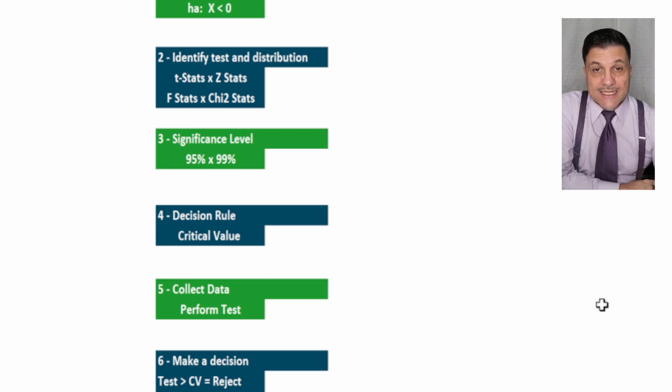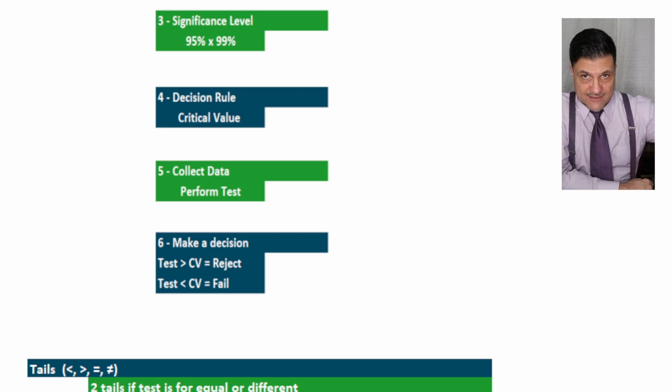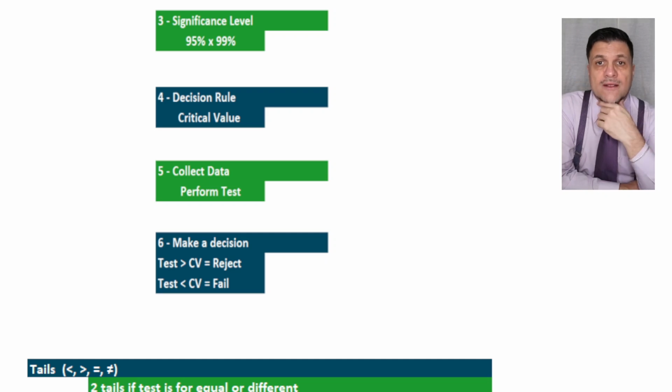Well, if your calculation in step number 5, when you collect the data and perform the calculation, gives you a number higher than 3, you don't even need a critical value given in a problem, because you're going to reject any hypothesis that uses a t or normal distribution, not F or chi-square, that's t distribution or z distribution.